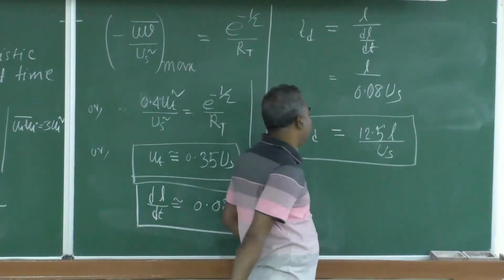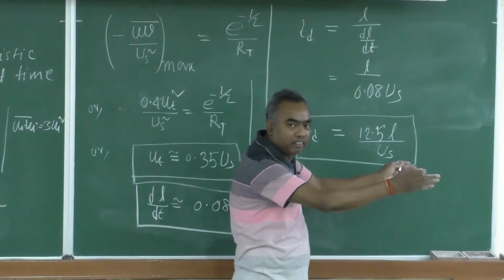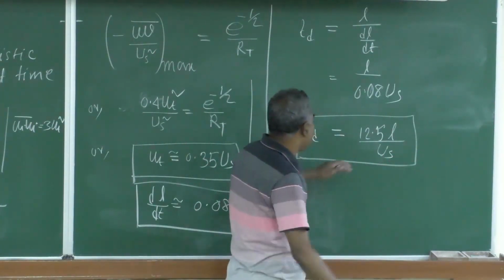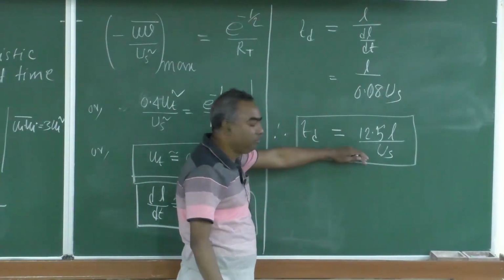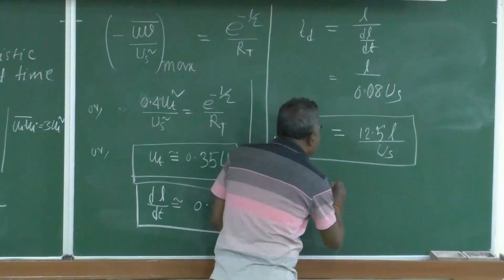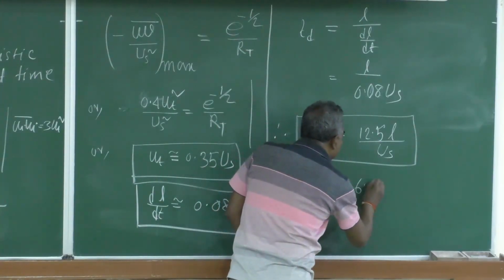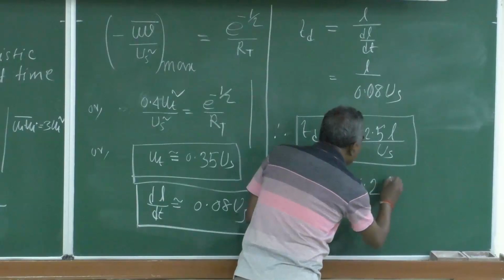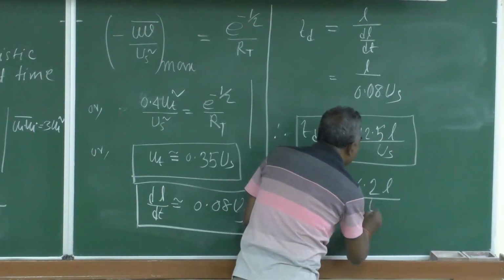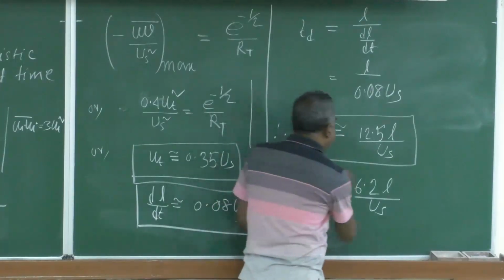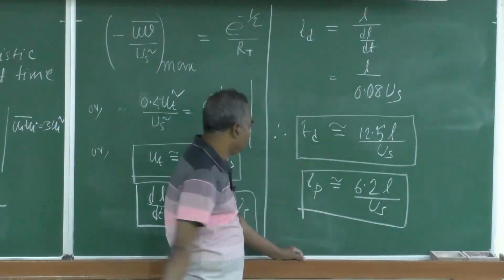So, the wake is entraining the irrotational flow, and that is this time scale. And another is your TP, which is the turbulent time scale, which is approximately 6.2 L by Us. So, these are the two time scales in the flow.